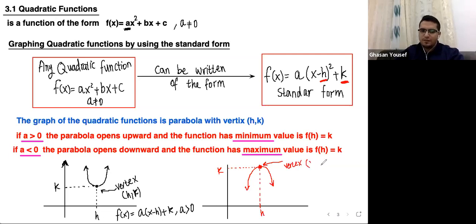This point is (h, k). The function here is f(x) = a(x - h). Oh, by the way, don't forget the square here. So the second function is f(x) = a(x - h)² + k. And here the a is negative, less than 0.